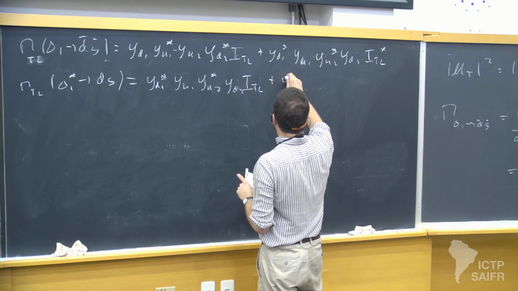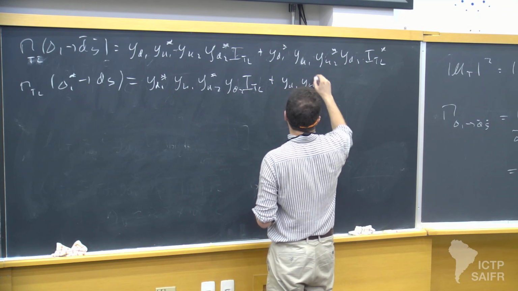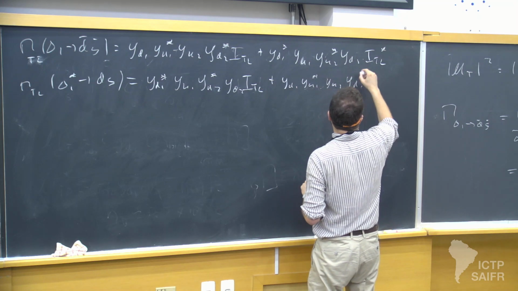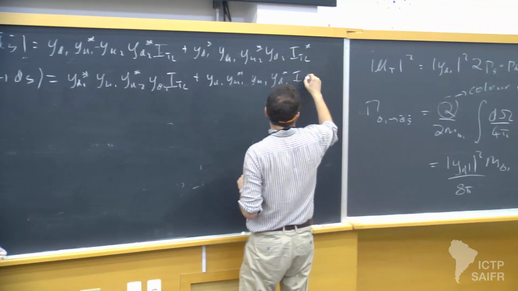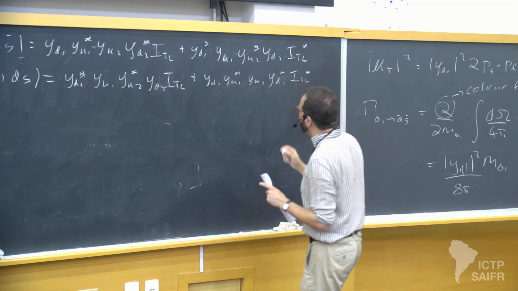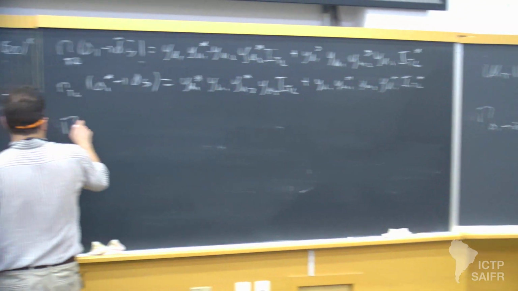And then you find here, you'll have YU1 star, YU2, YD1 star, ITL star, yeah?